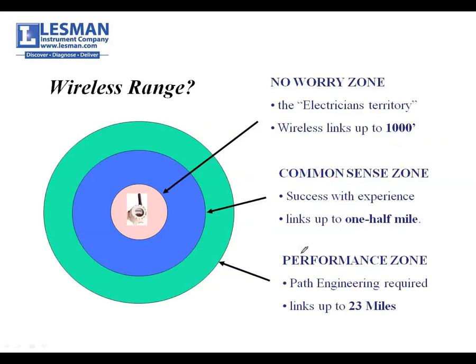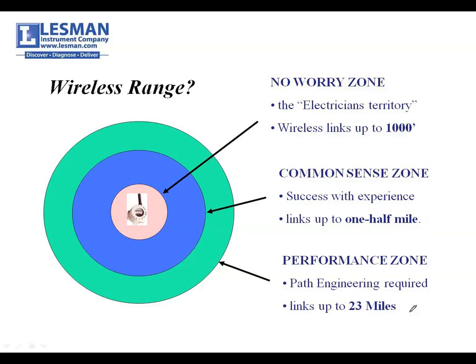Range-wise, you can see at the bottom here, we can go up to 23 miles with a 1-watt radio, which is the most the government will allow us to use in the ISM bands. Up to a half mile, we can do pretty much no problem. We just need to be a little bit careful to make sure that we're doing things right. So we call that success with experience. Under 1,000 feet, we call electrician's territory.